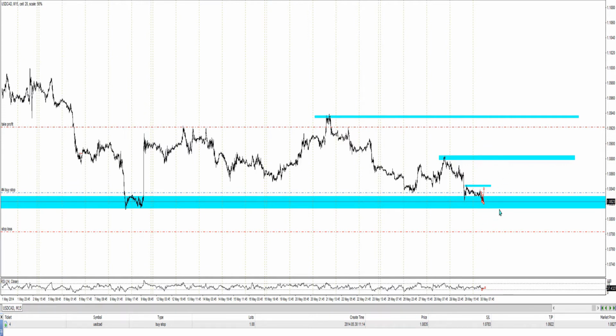Otherwise the trade is not worth it in the first place. When your buy stop order gets triggered, you can start moving and trailing your stop loss, locking in some profits. We'll go into more detail about that later.